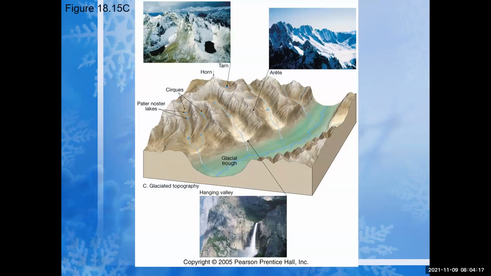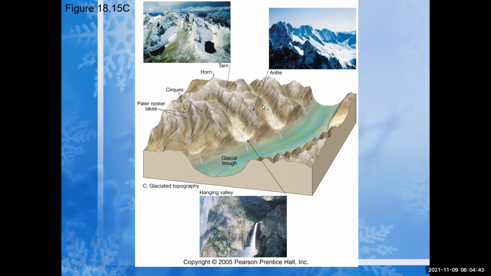So again, I wanted to make sure that everybody had access to some of the figures in the textbook that I feel are really beneficial. And so here's a great summary of a lot of what we've talked about together. There's one more example in this image that I'd like to mention, and that is a hanging valley. When these glaciers retreat, they leave behind these big U-shaped valleys.